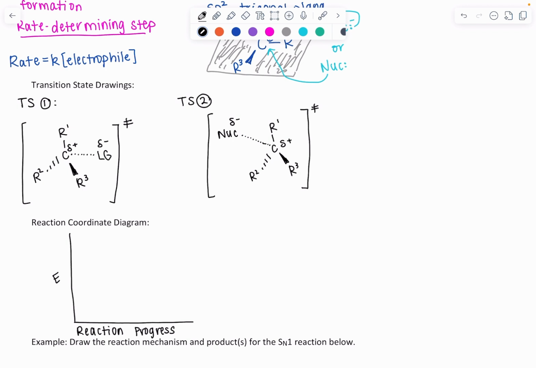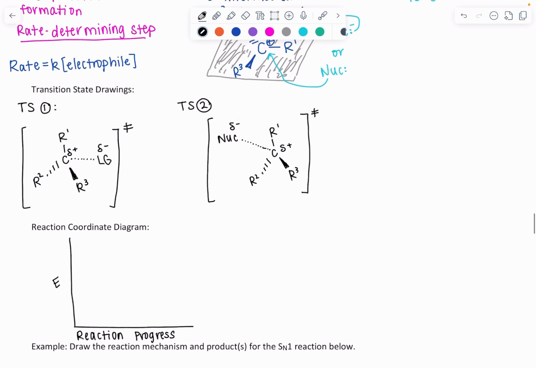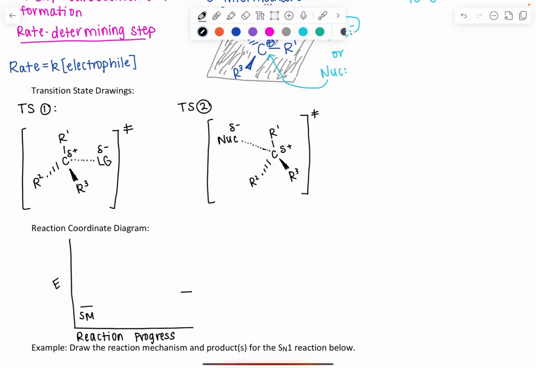On the x-axis, we'll assume, I'll just leave a note here. Well, actually, I don't have to write it down, but we'll just assume it's endothermic. Okay, so we'll start with starting material somewhere, products somewhere off to the right.